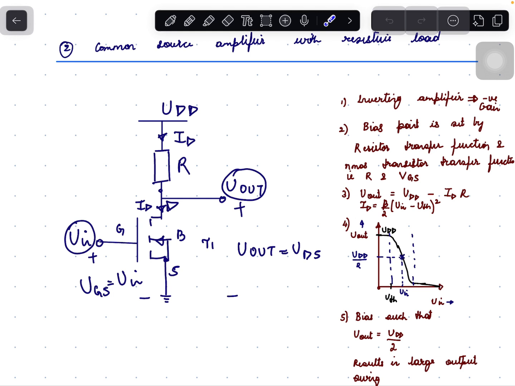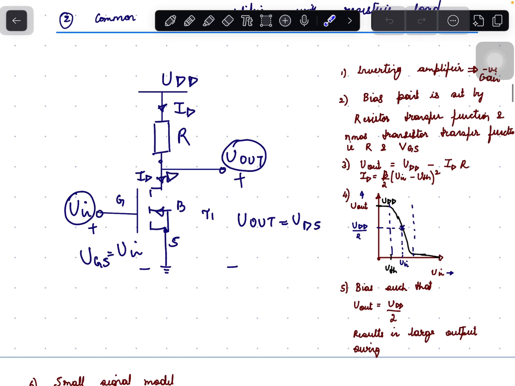That is ID equals beta by 2 into Vin minus VTH the whole square. The bias is done in such a way that Vout is at VDD by 2, so that we have a good input and output swing.